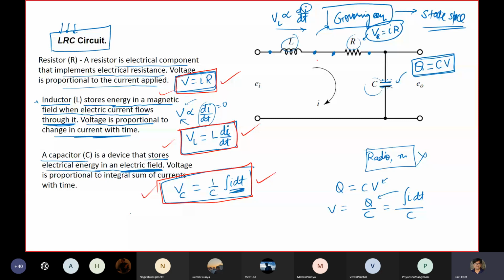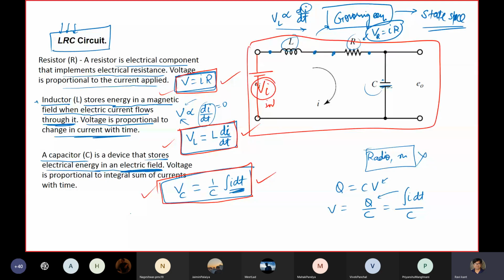So let's suppose this is your circuit. I am giving an input, Vi. I already put a battery over here whose voltage is Vi, V inlet. I've given inlet voltage to this loop as V inlet, and I want to see as an output the voltage across this capacitor.